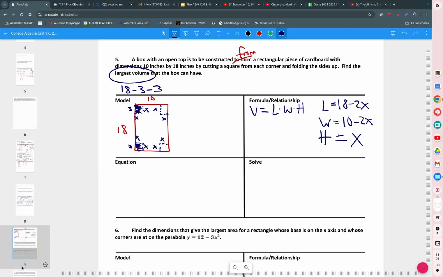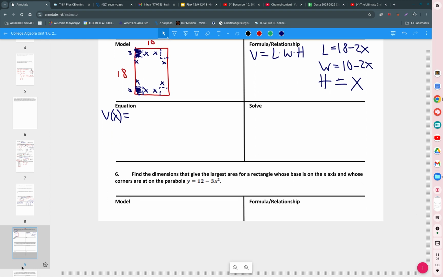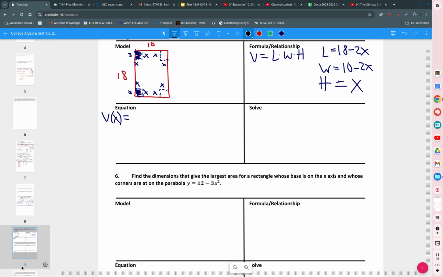And so we have now an equation for volume in terms of x. We have the length, which is 18 minus 2x. We have the width, which is 10 minus 2x. And we have the height of x.